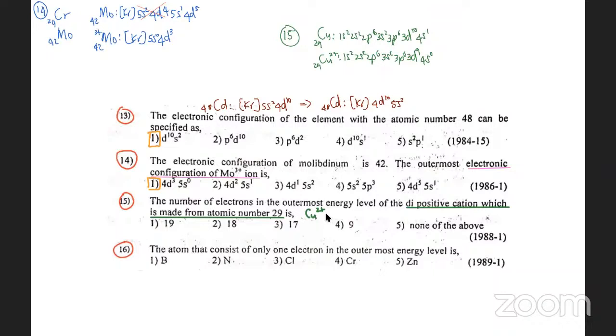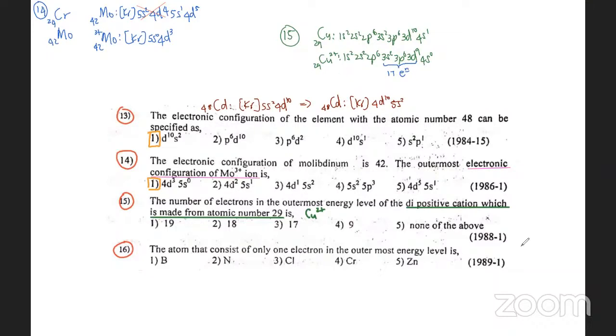Should we take the third main energy level as the outermost energy level? We have 17 electrons here, no? So for copper, the fourth main energy level is the outermost energy level, with just one electron. But for copper 2+, I think it becomes the third main energy level.